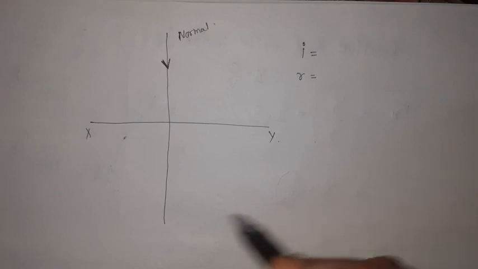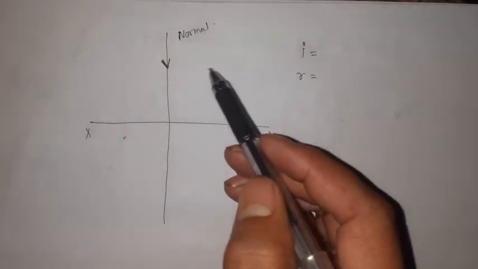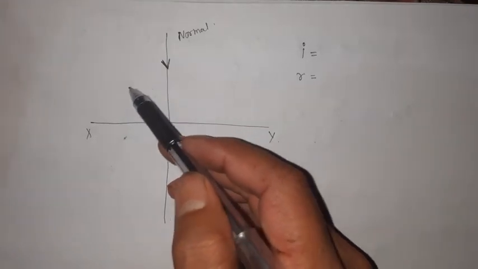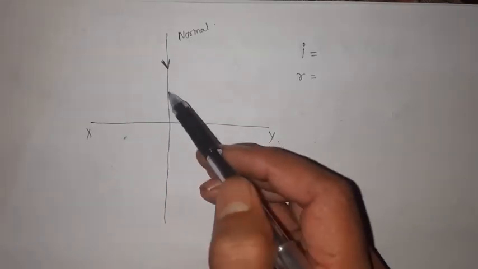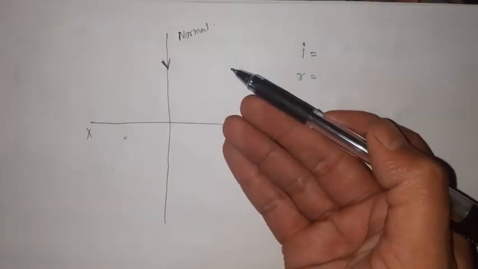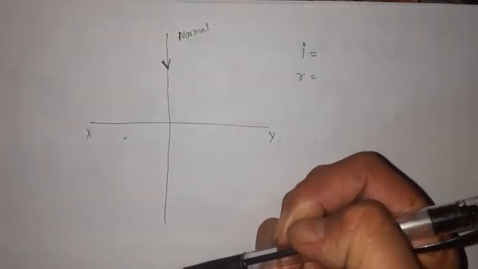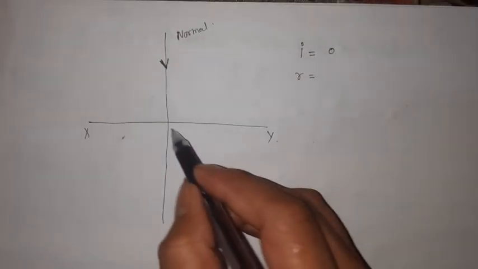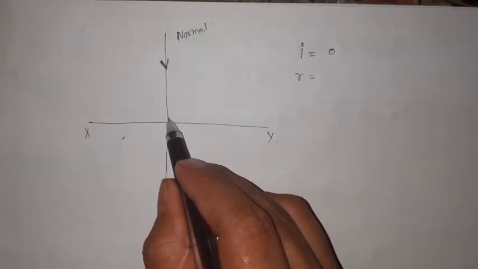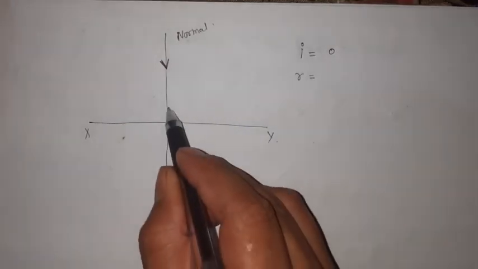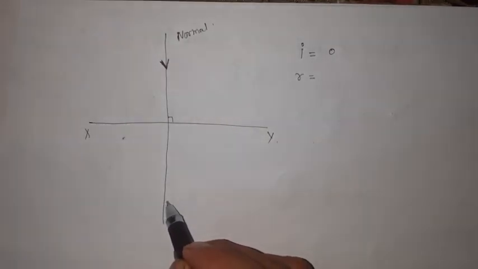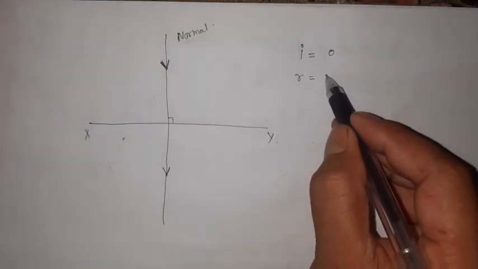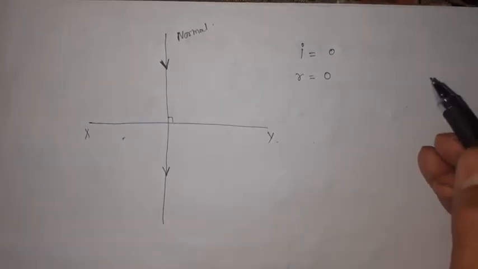So student, already we said one thing, that whenever we have to take incidence angle, it will be the angle the ray makes with the normal. But over here that incident ray is going along the normal, so therefore this incidence angle is 0, and that means the ray is falling perpendicularly on this surface. Okay, so it goes undeviated, so thus angle of refraction is 0 in this case.